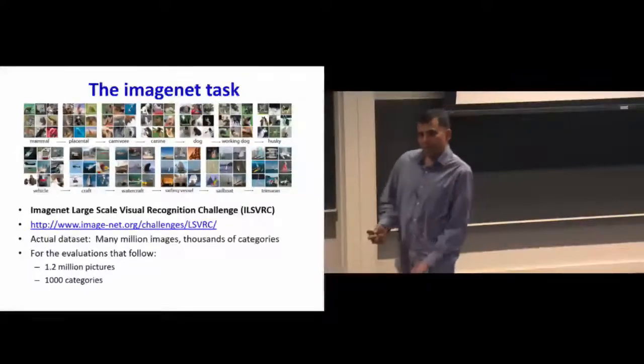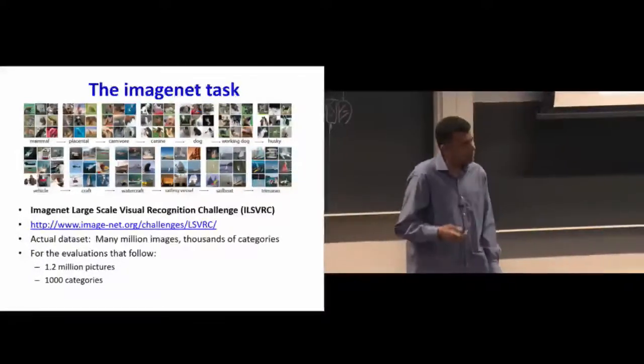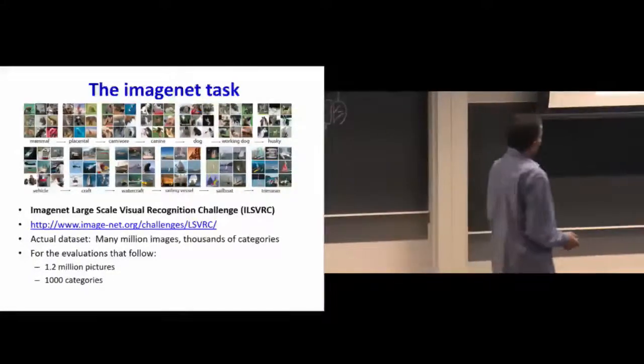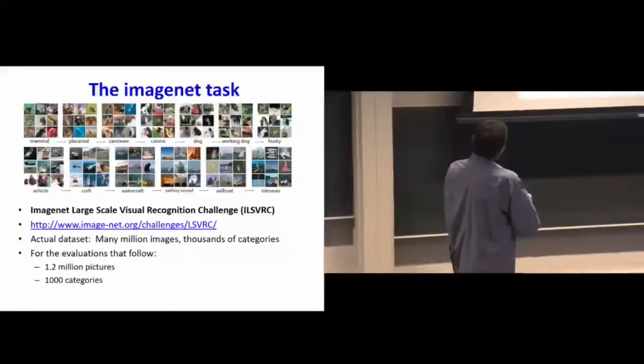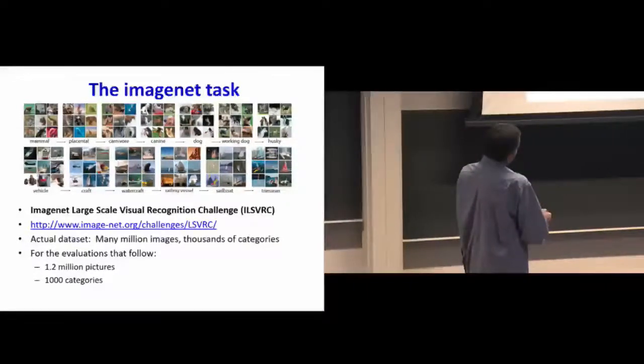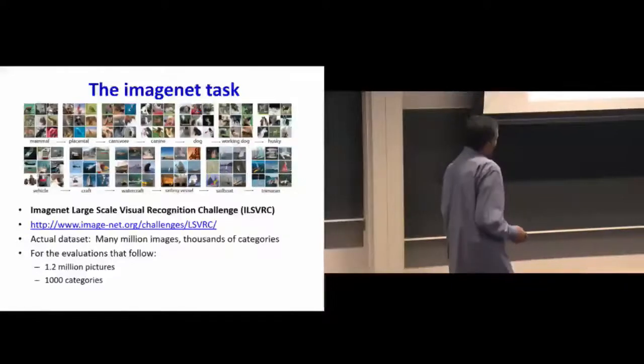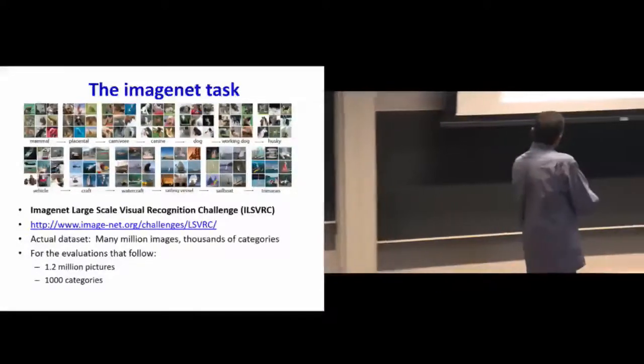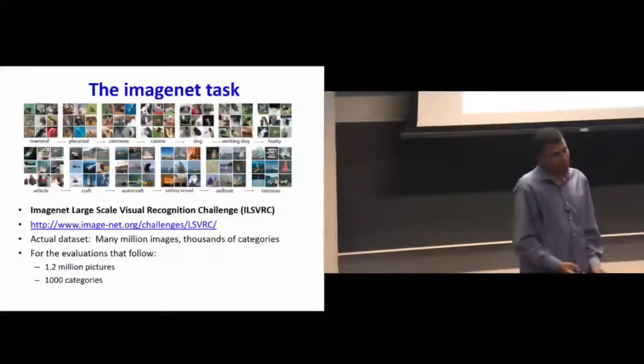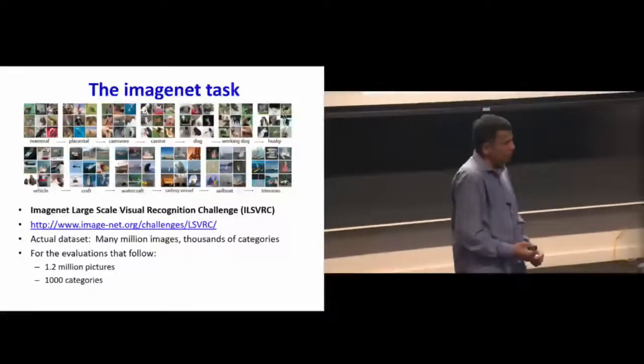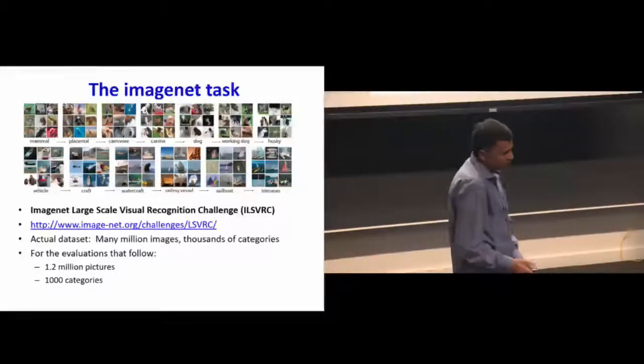And the task is to classify these images into categories like a mammal, a placental mammal, a carnivore, a sailing vessel, a sailboat, and so on. And they set up an official evaluation where they chose 1,000 categories of images.